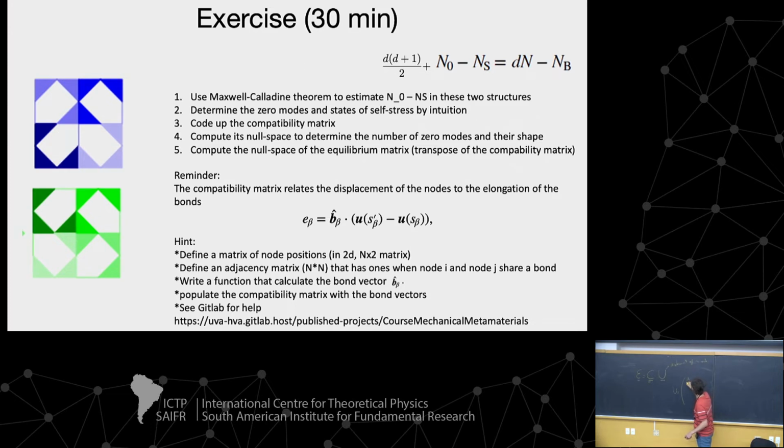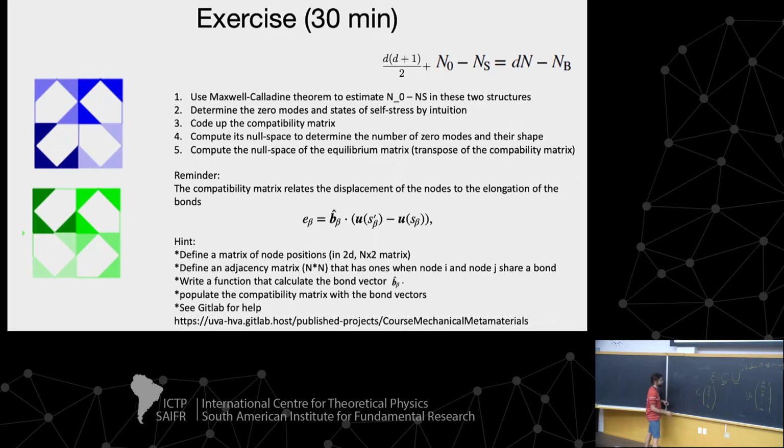So imagine you have n nodes, so you have a horizontal component and vertical component of node 1, node 2, right? So this is typically a vector like this. And this is the elongations of the bonds. So this typically would be the strain. So imagine you have m bonds and n nodes. Then you have this matrix, a rectangular matrix, that relates those two.